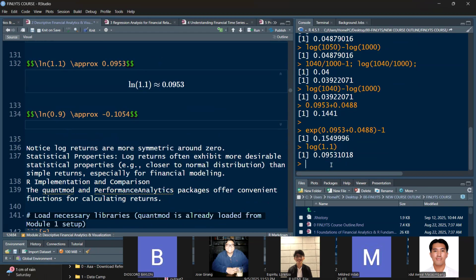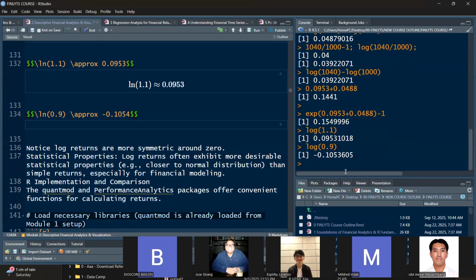And the log of 0.9, which is a 10% loss, is negative 0.10. It's a loss of 10%.